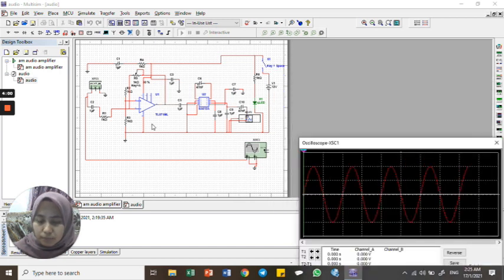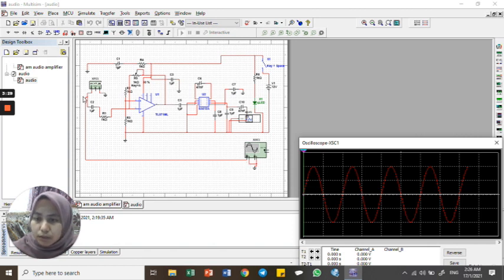For the amplifier, pin number 3 is negative, connected to the R1 resistor and C2 capacitor and connected to the function generator. And for the positive, pin number 3 is connected to the R2 resistor and the function generator input.